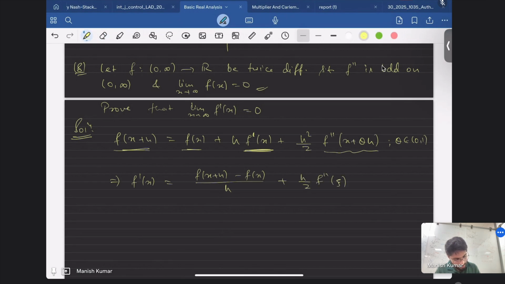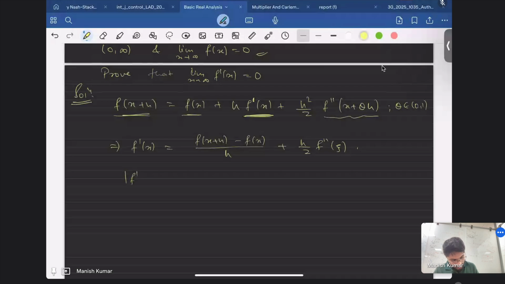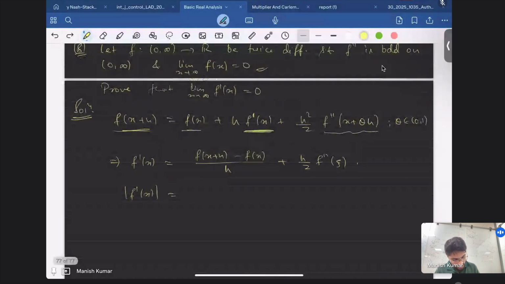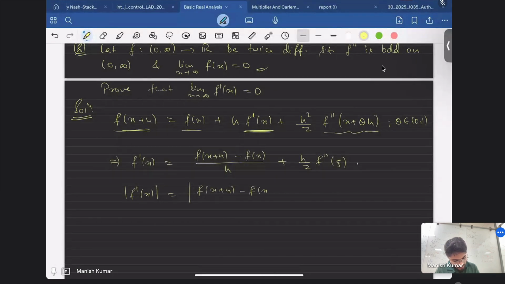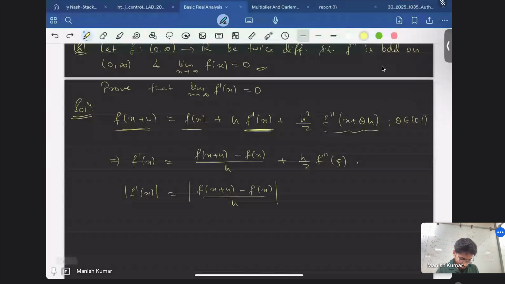Now here, if I want to take the modulus, because I want to estimate this f prime, I'll get f of x plus h minus f of x by h. Since I want to use the thing that vanishes at infinity, I'll take x to be very large, and that would make this and this large.